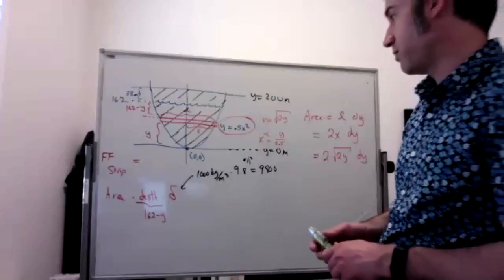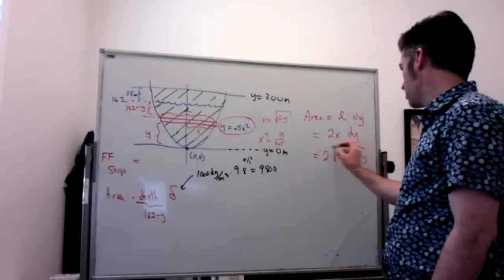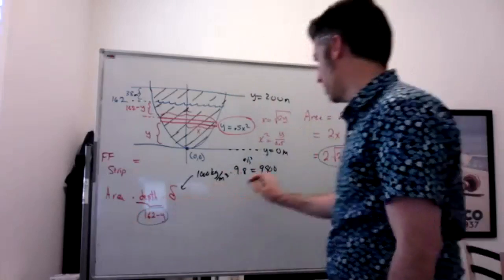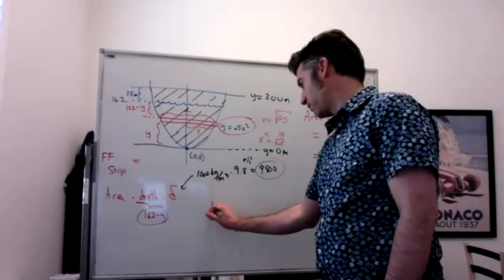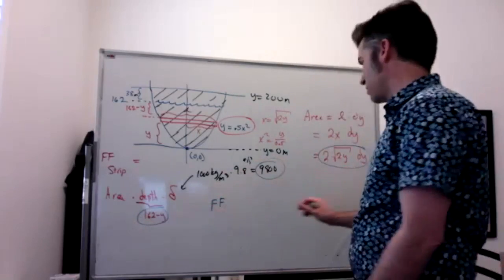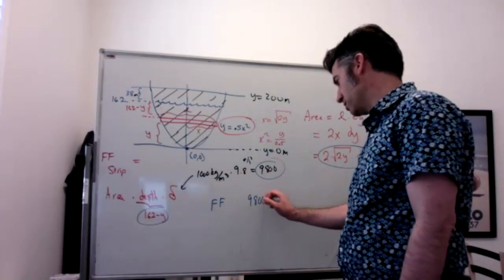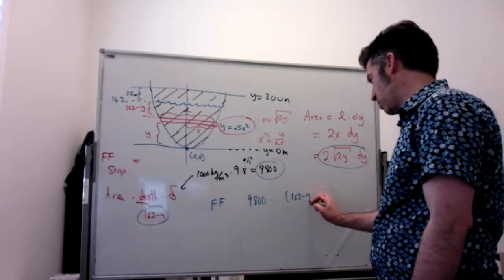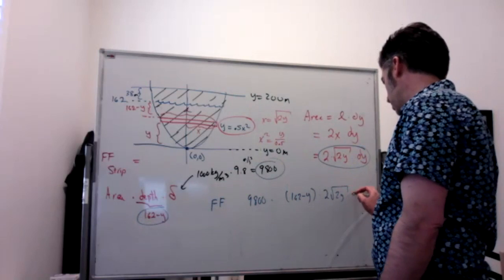Okay, so then the fluid force on my strip is going to be this area times this depth times this density. I'm going to write it as 9,800 times 162 minus y times 2 times the square root of 2y dy.